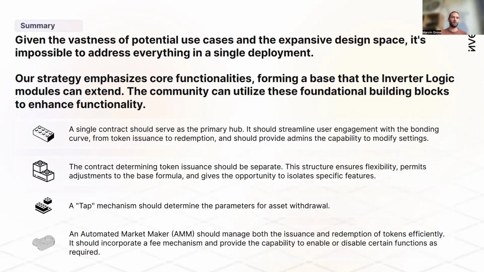And what are the base building blocks that we decided upon? The one would be having a single contract, which should serve as a primary hub to streamline all the user engagement, as well as the admin's capability for modifying all the different factors of the bonding curve. Then it's smart to have the contract determining the token issuance in a separate contract.